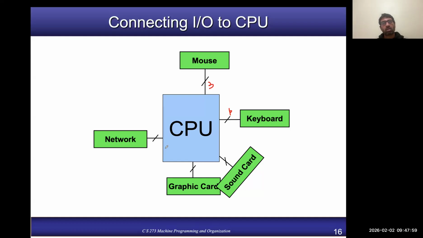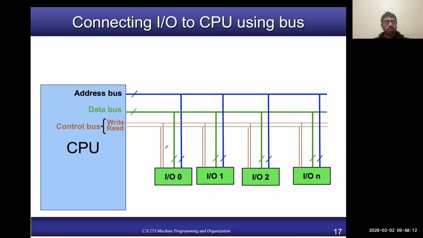So then how can we support these diverse types of I/O devices while keeping the number of input output pins low? For that, we have the same address bus and data bus connected with all of the I/O devices.